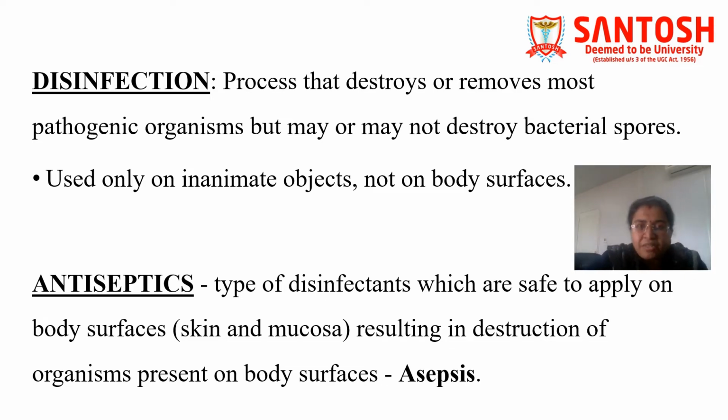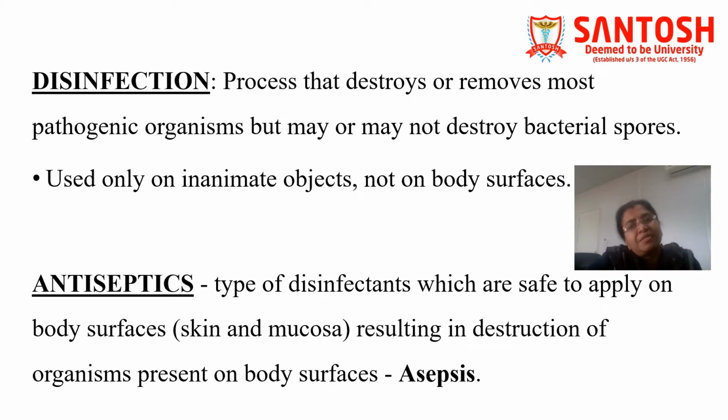So that was sterilization, disinfection and antiseptics. We can revise it again. In sterilization, we are removing the microorganisms, including the spore form, from an article, surface or medium. In disinfection, we are not removing the spore form. If the disinfectants are used at a higher concentration, then maybe the bacterial spores get killed.